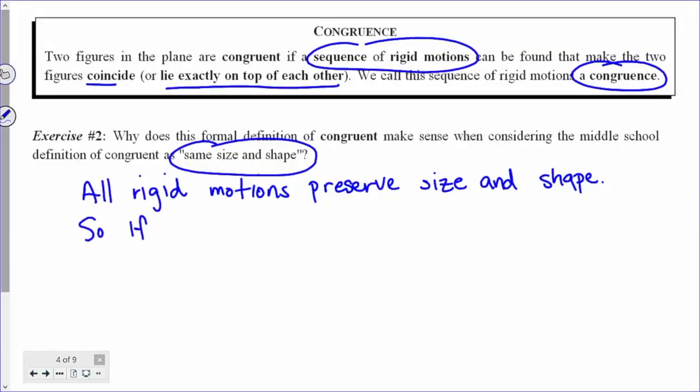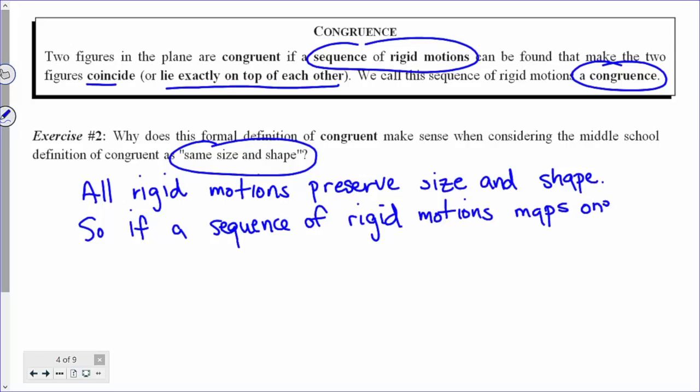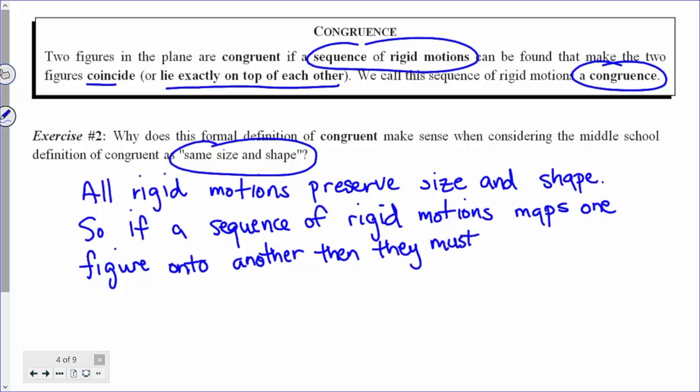So, if a sequence of rigid motions maps one figure onto another, then they must be the same size and shape.